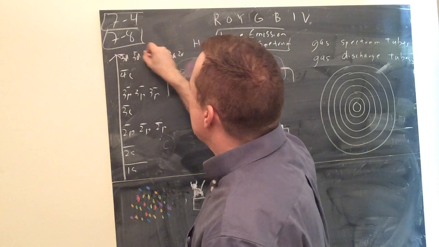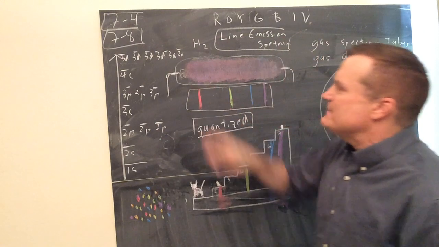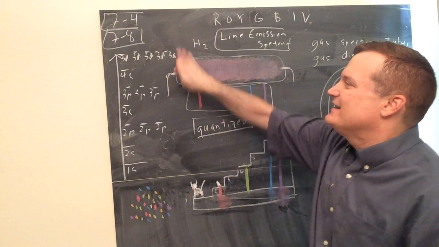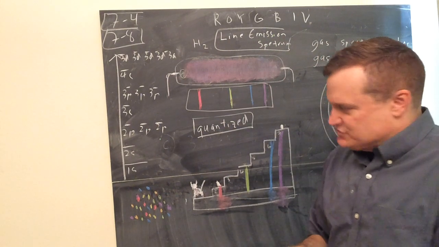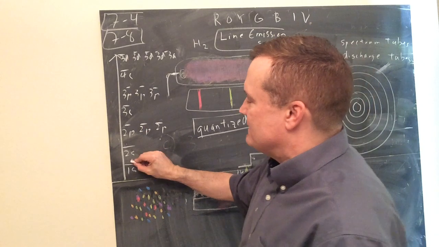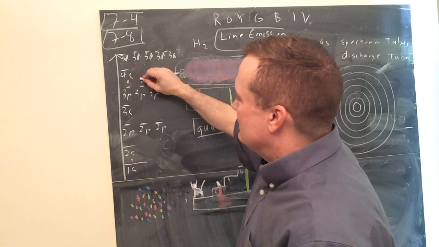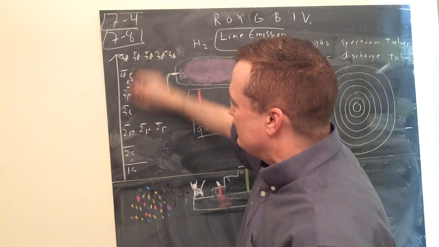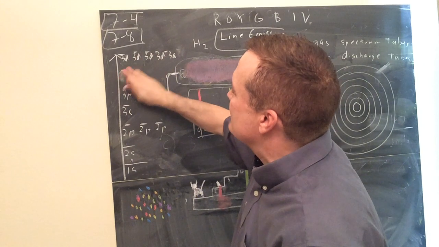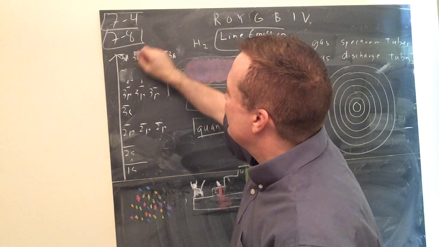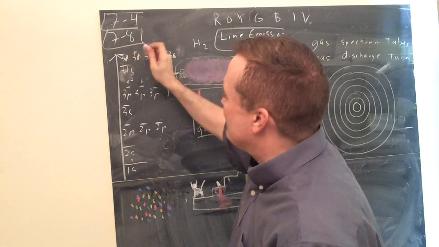So, when an atom is in the excited state, the electron jumps. There's only one electron in a hydrogen atom. It jumps up. How about we jump all the way up to 3? Actually 3D and 4s. 4s is actually higher, isn't it? Okay. That's okay. I won't mess with that.